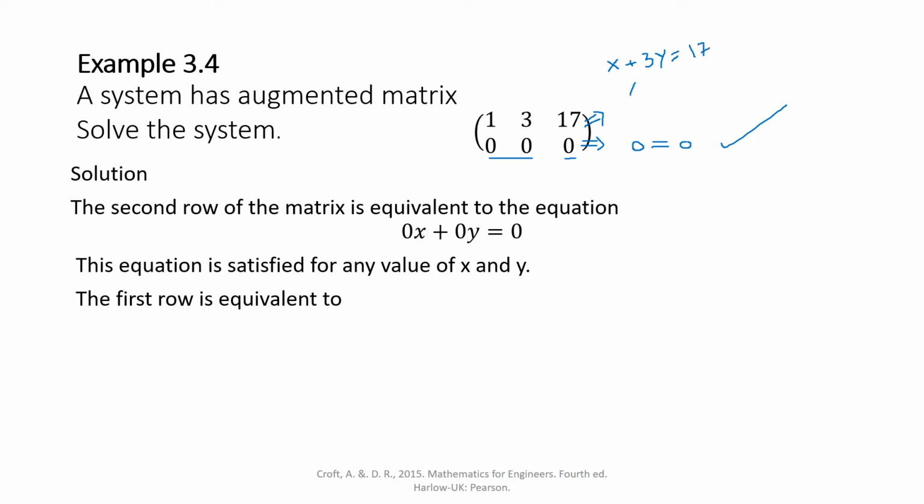So now x can be written as 17 minus this whole term, which will be shifted to the other side and it will become 3y.